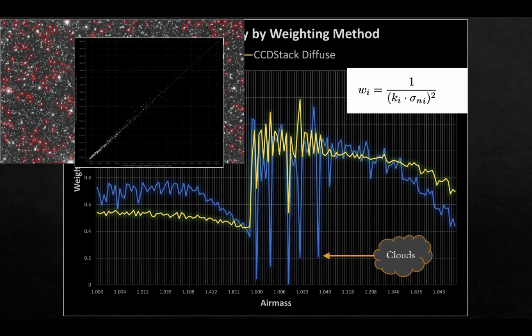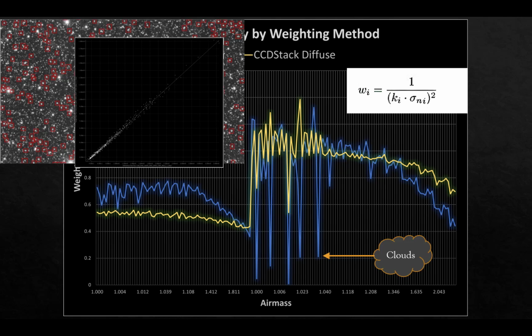Now, the new relative method, which is very similar to what I just described in CCD Stack, is normalized scale gradient. This is what became available in PixInsight first.